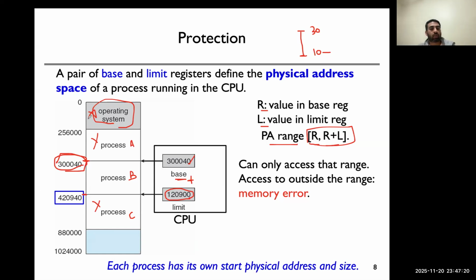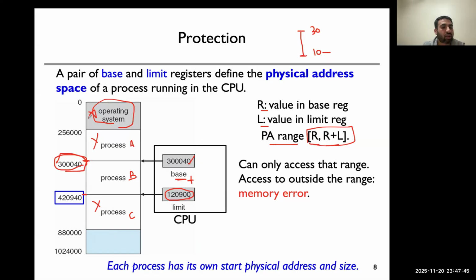Again, remember that on the CPU, you do not have, let's say, one pair of base and limit registers for each process. What happens is that when a process starts running on a core, the base and limit registers on that core are initialized with the value of the base and the size of the memory which is allocated to that process.